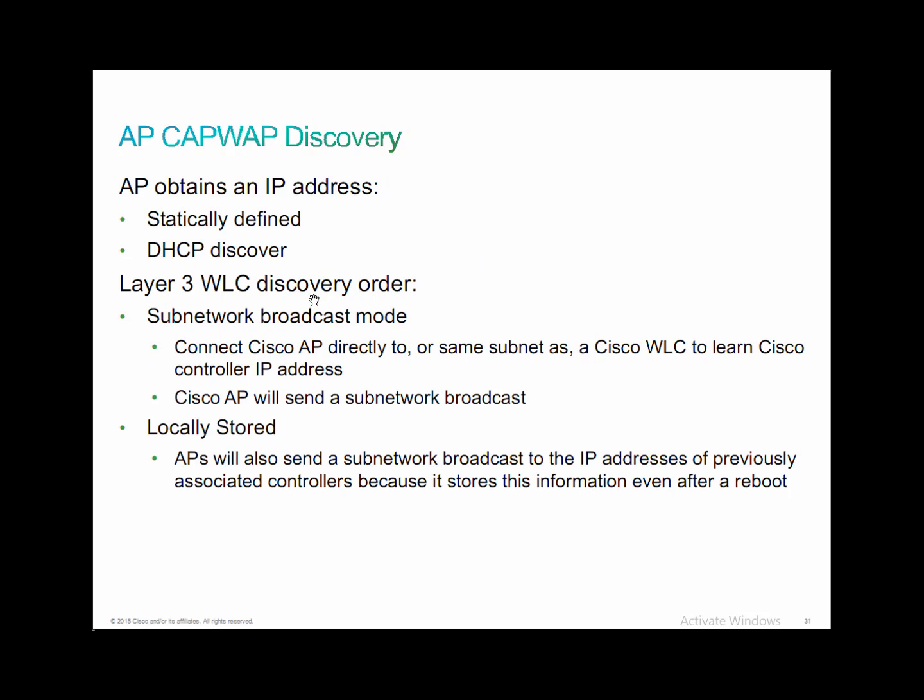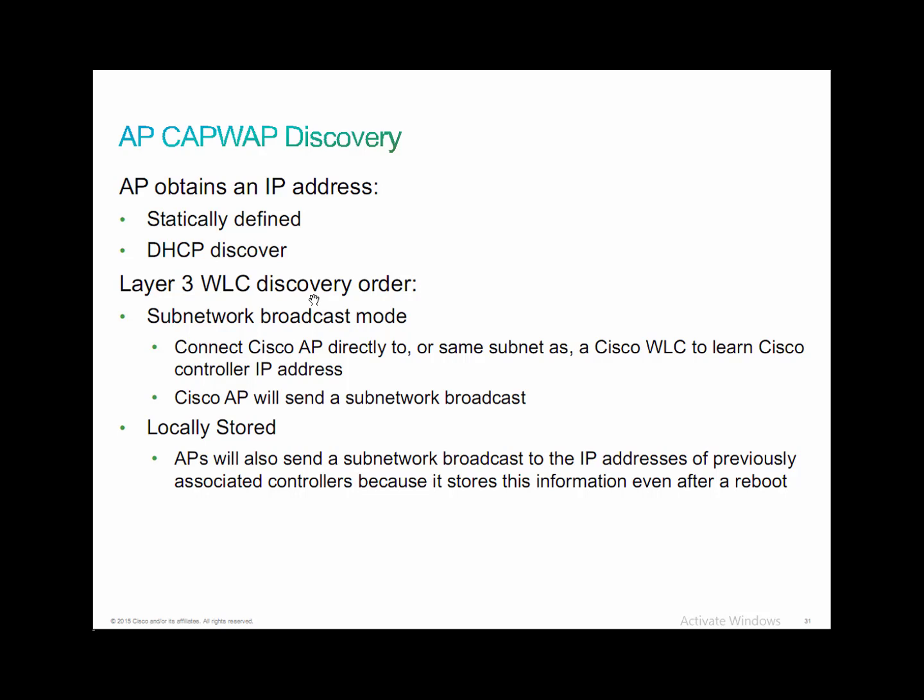APs get their IP address either statically or through some sort of DHCP process. That occurs before we even go out and try to do any kind of CAPWAP discovery. In broadcast mode, the controller-based AP sends a CAPWAP controller discovery request to the local LAN.